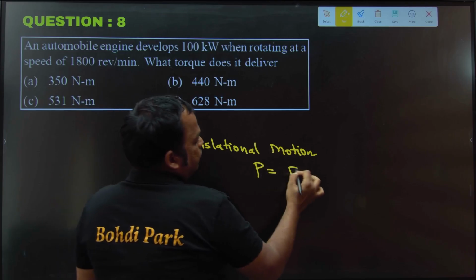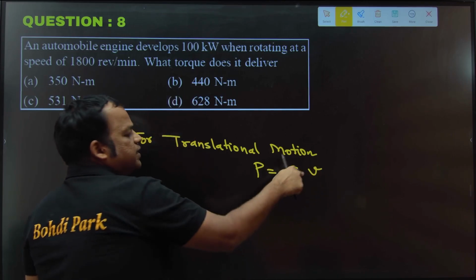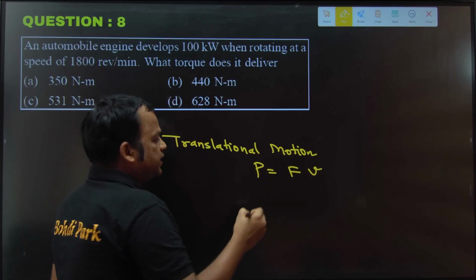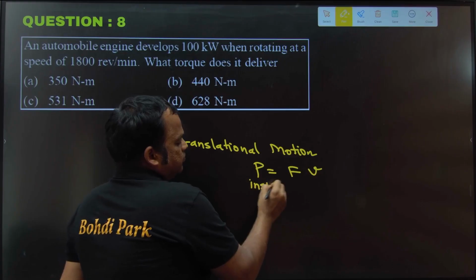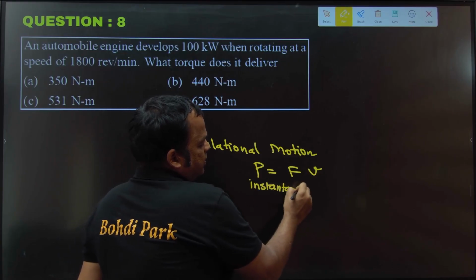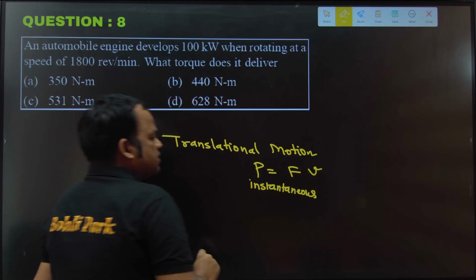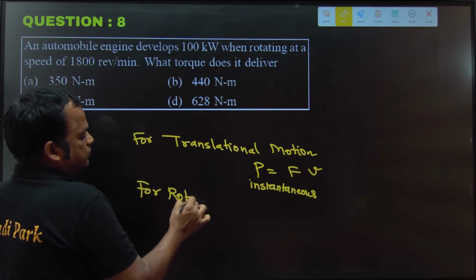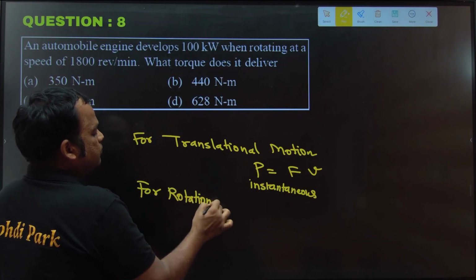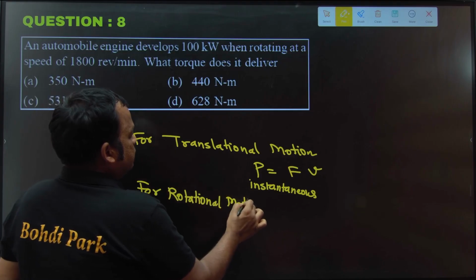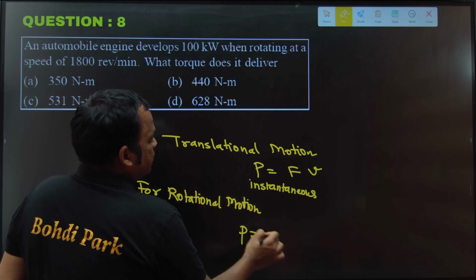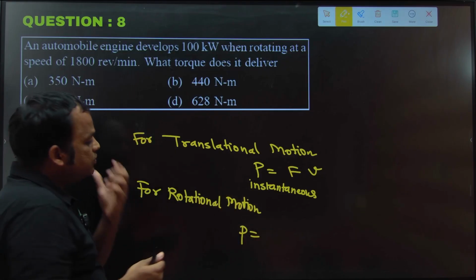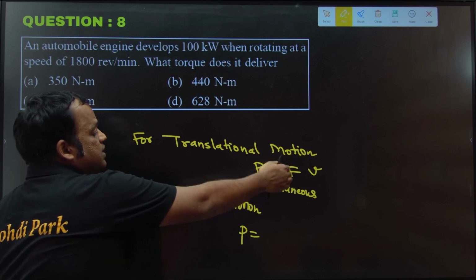For translational motion, power is equal to force into velocity, instantaneous force into instantaneous velocity. And for rotational motion, power is equal to... as you can see, we study force in translational motion.